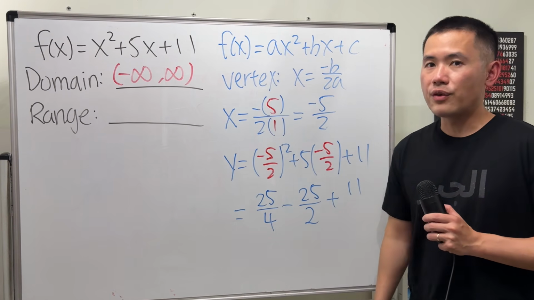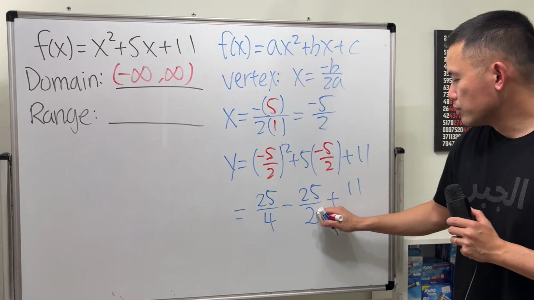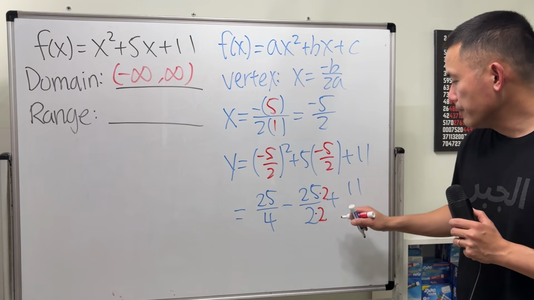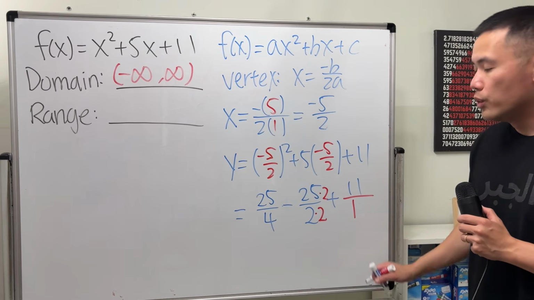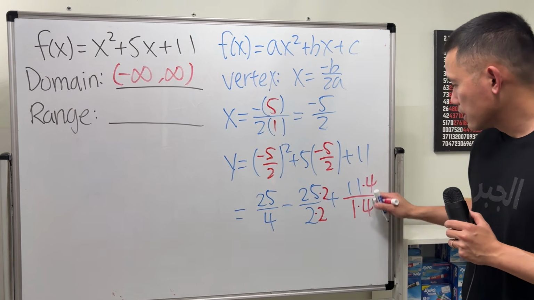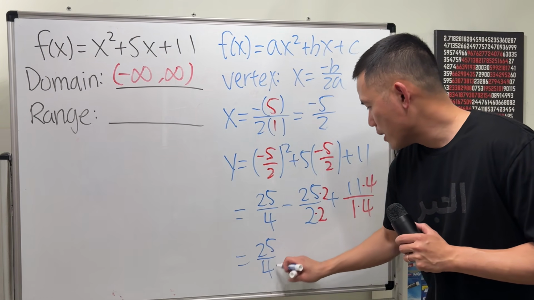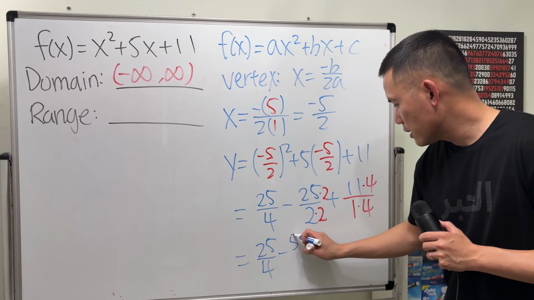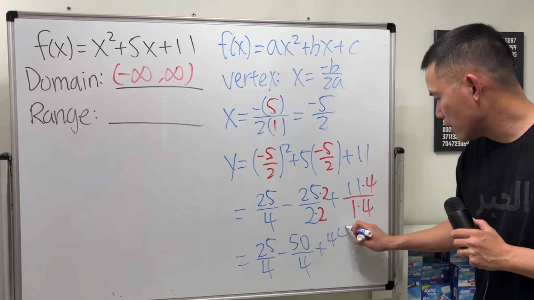Now we have to combine these fractions. Here we have 4, so for this fraction, I need to multiply the bottom and the top by 2. And then for the 11, which is the same as 11 over 1, we multiply the top and bottom by 4. So we are looking at 25 over 4 minus 50 over 4, and then plus 44 over 4.